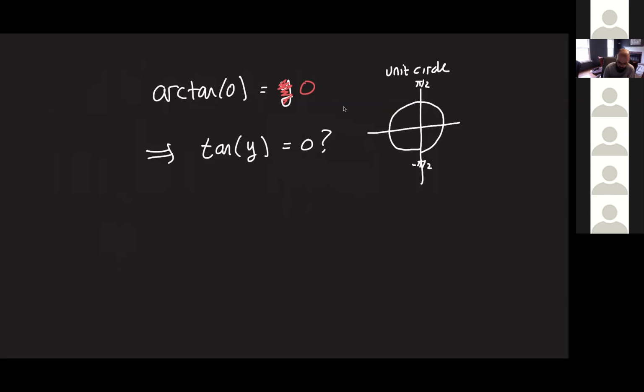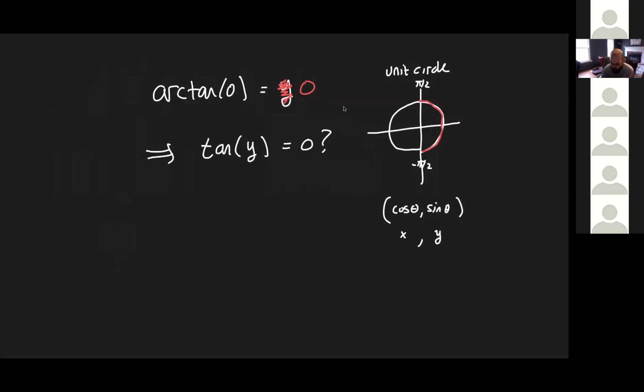When we think about the unit circle approach, we're looking at the x and y coordinates of the points on the circle. All of the points on this circle have the form cosine theta comma sine theta, which means our x coordinates are given by cosine and our y coordinates are given by sine.